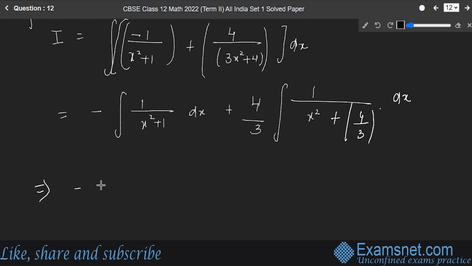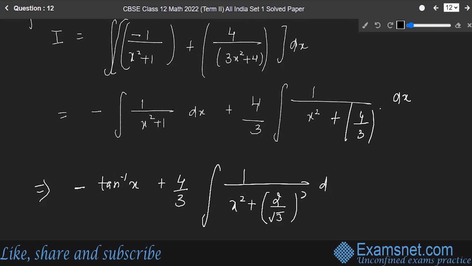So the integral of this is equal to tangent inverse x plus 4 by 3. Now this can be written as 1 upon x square plus 2 upon root 3 whole square dx.